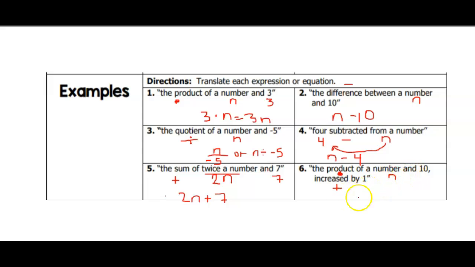Look at me translating what this means. So this would be 10 times n plus 1, or in our algebraic way, we're just going to say 10n plus 1.